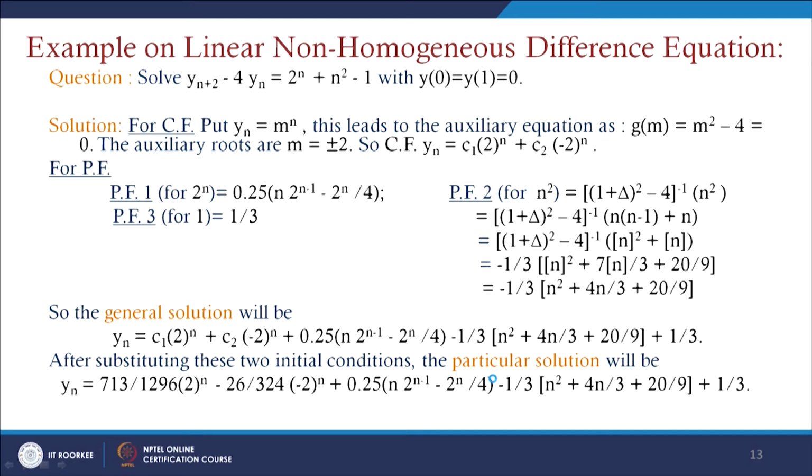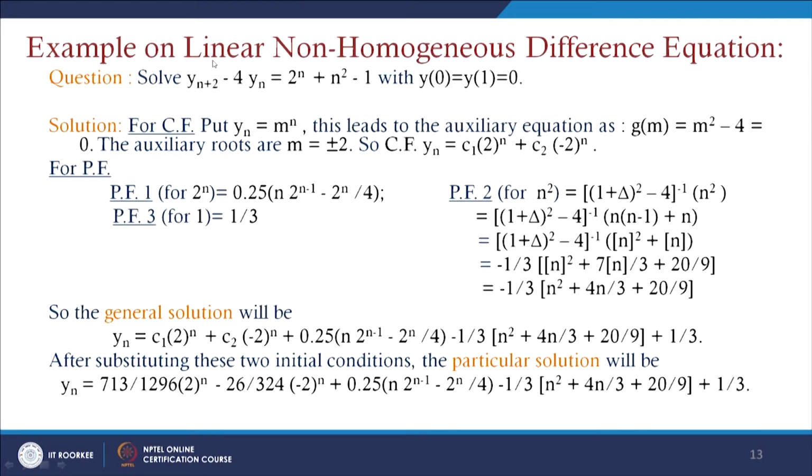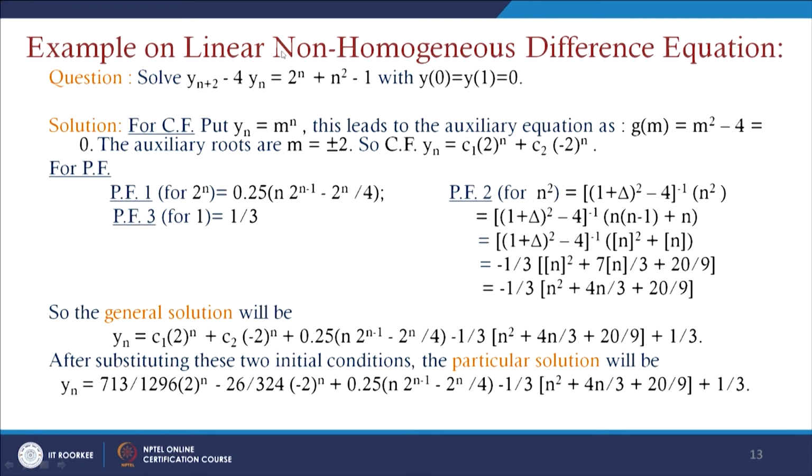So, if you put y n equals m to the power n in this equation, we have y n plus 2 minus 4 y n equals 2 to the power n plus n square minus 1.